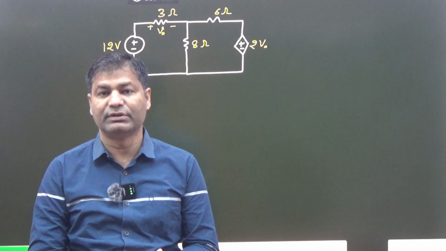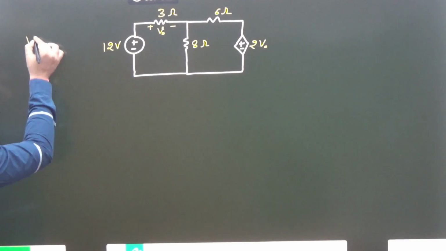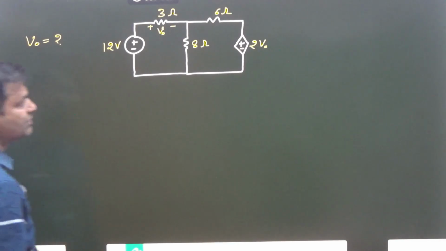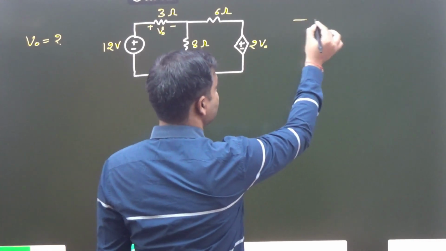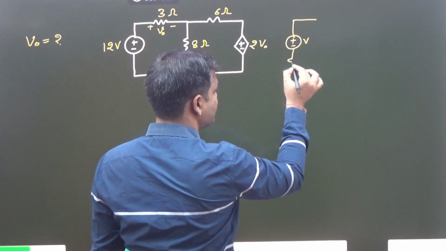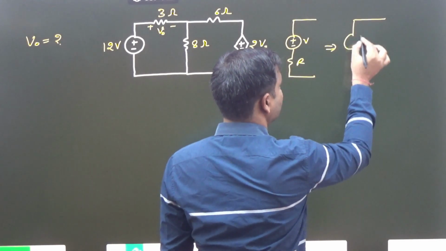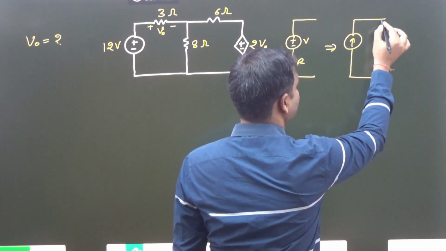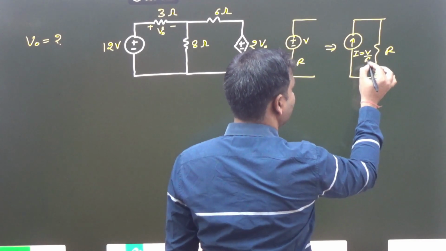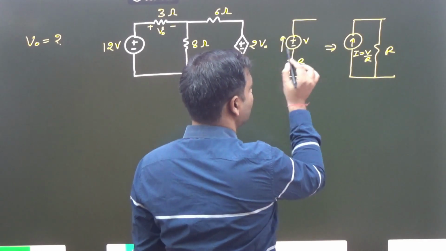Now our motto is to determine V naught with the help of source transformation. So first of all, what about source transformation? Source transformation says a voltage source V with resistance R is converted into a current source I with resistance R. And I is equal to V by R. The current direction is decided by the polarity of the voltage.